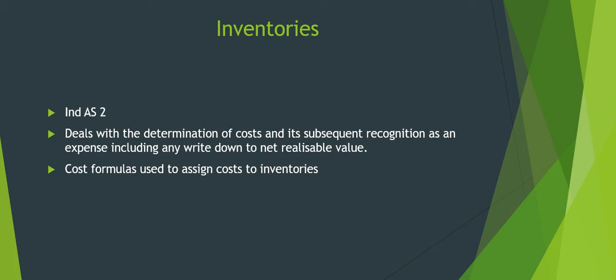So what are the cost formulas we are talking about? Everybody knows the inventory cost formulas, which are the FIFO method, LIFO method, and the weighted average cost that we use to compute the cost of inventories. According to the standard, we only use the first in first out method or the weighted average cost formulas.